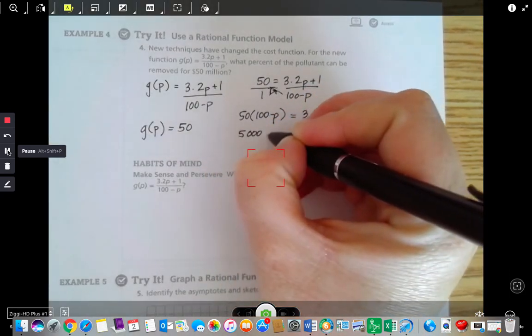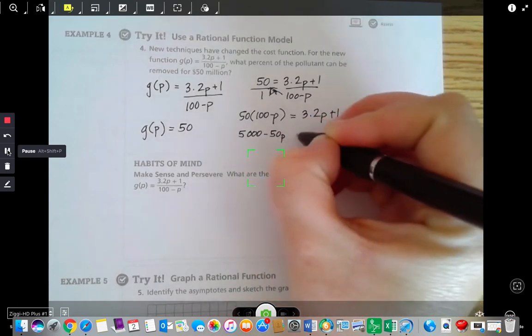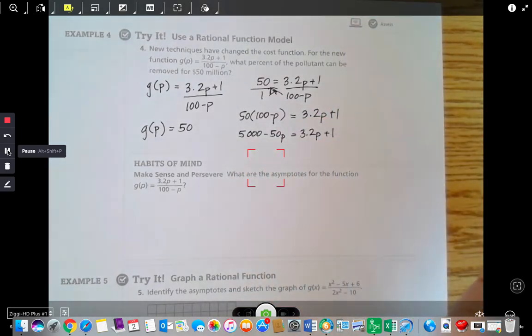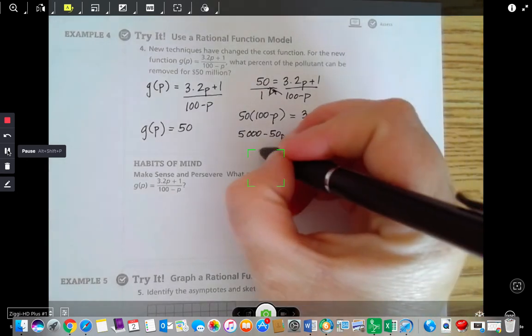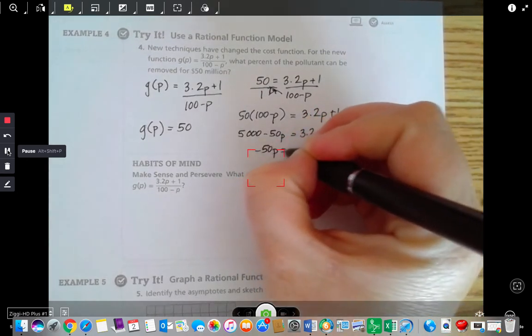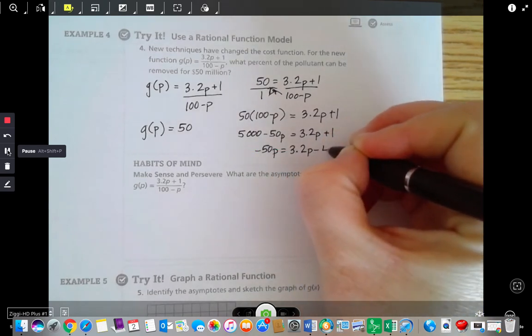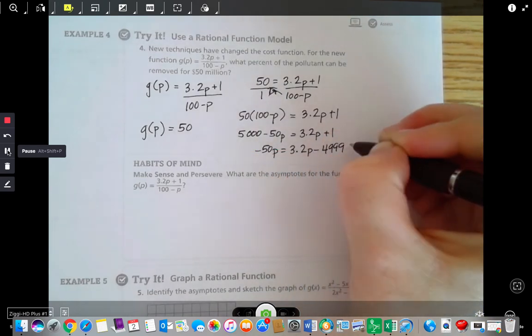So 5,000 minus 50P is equal to 3.2P plus 1. Negative 50P is equal to 3.2P minus 4,999.